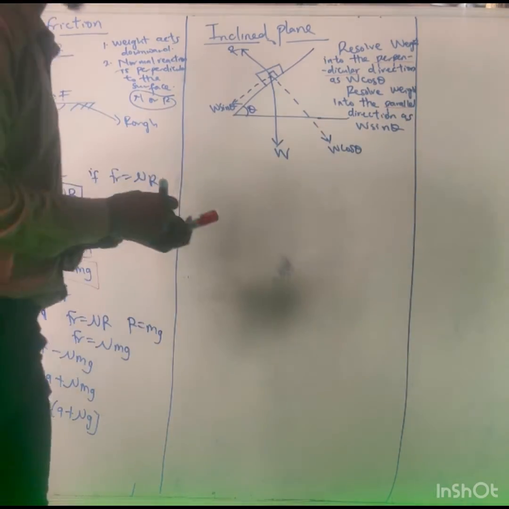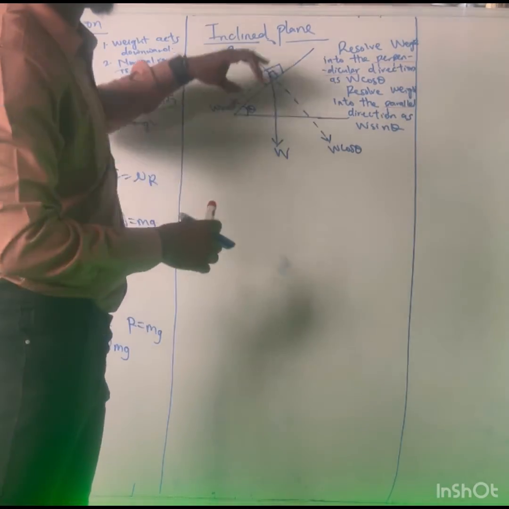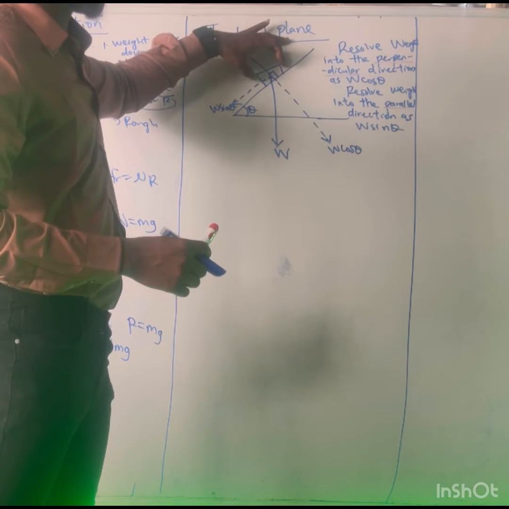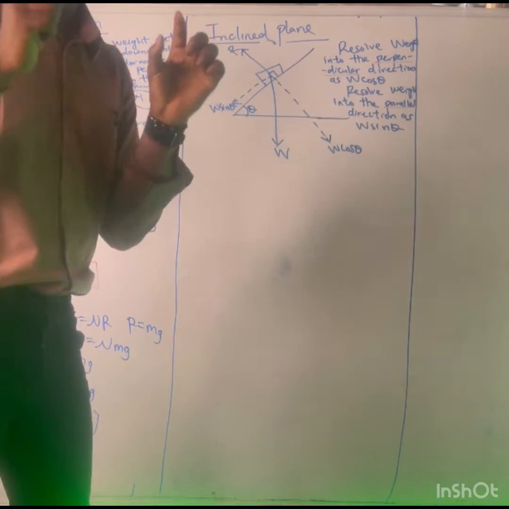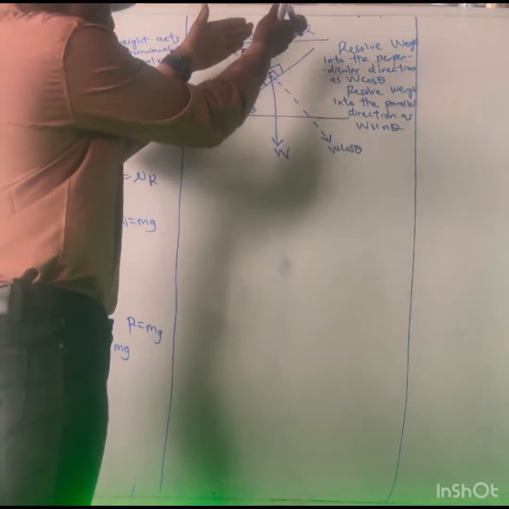Then you have to note that whenever we place an object on an inclined plane, the object will automatically move down.